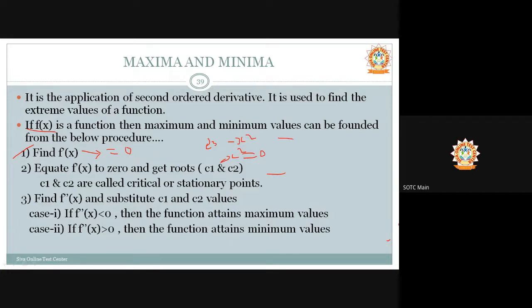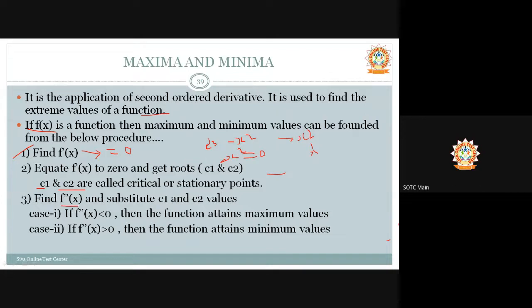If the equation starts with x square, then it converts into x and you will get only one root. Equate f dash of x to 0 and you will get two roots. Those are called stationary points, or critical points, named c1 and c2. After finding f dash of x, find f double dash of x, the second order derivative of the given function.